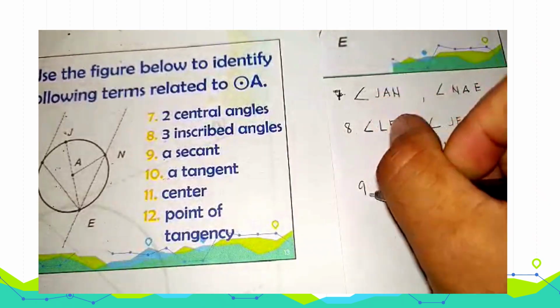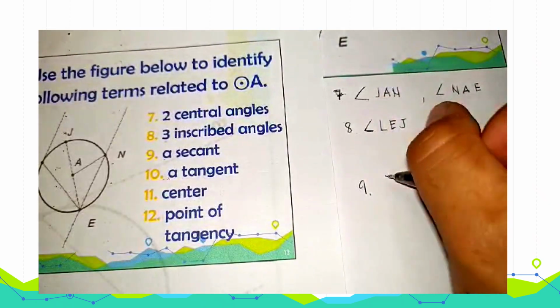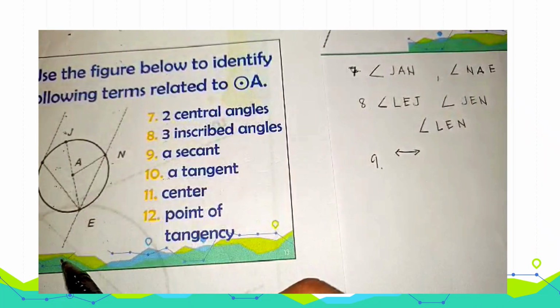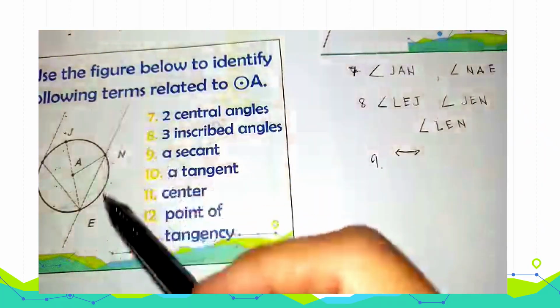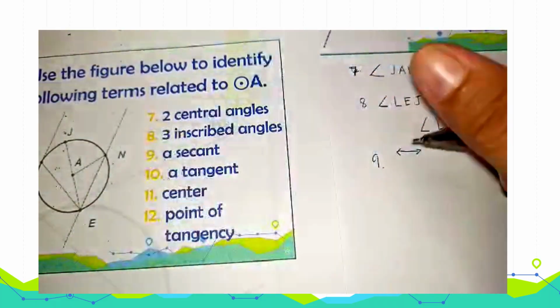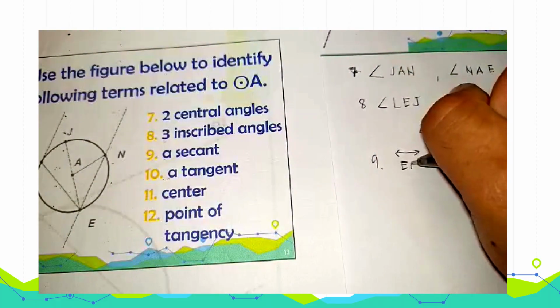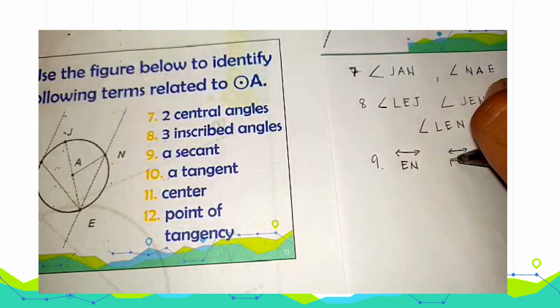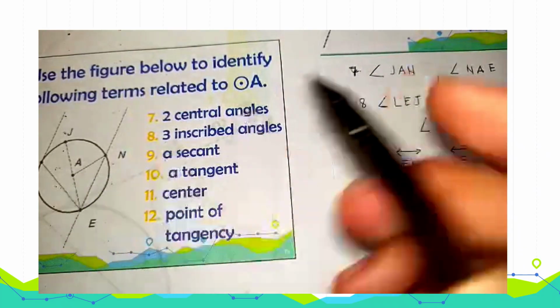So for number 9, we will have this symbol on top of the points to denote a line. So we will have line EN, or we can write it the other way, NE, as long as the 2 points are there.